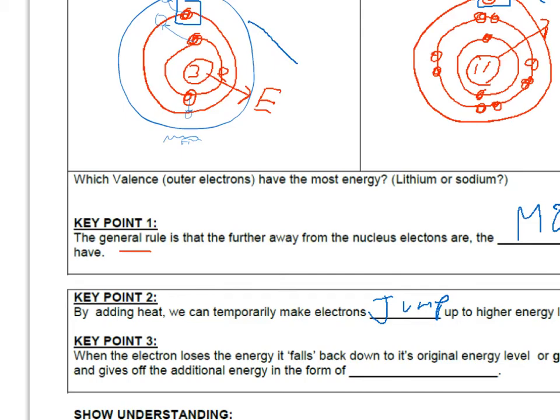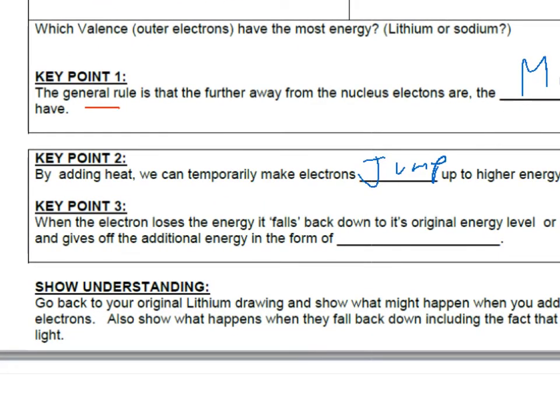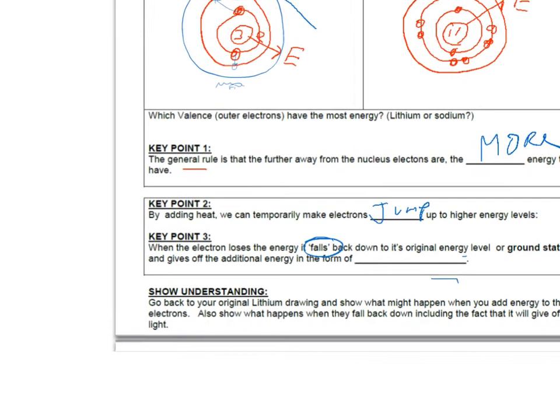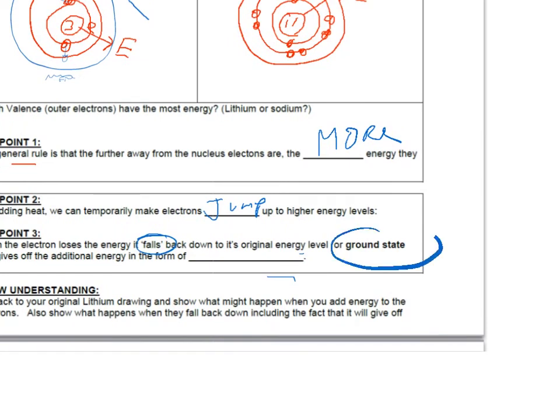Now, key point number 3 down here. When the electron loses energy, it'll fall back down to its original energy level. By the way, that is called a ground state. Okay? And when that happens, energy is given off in the form of light.